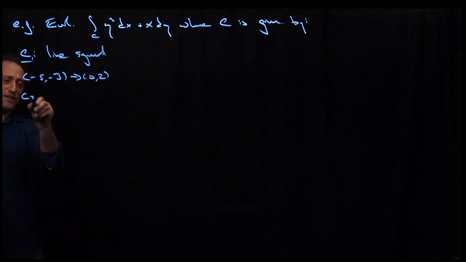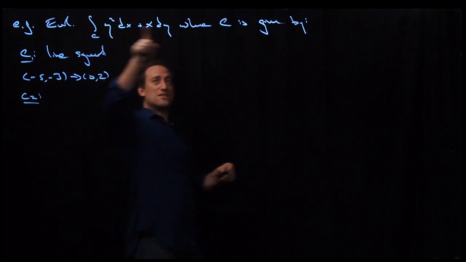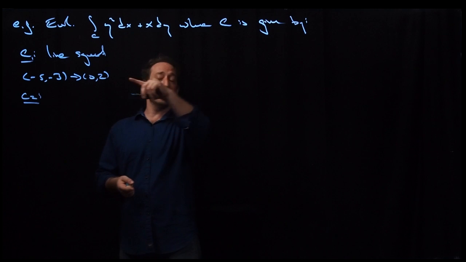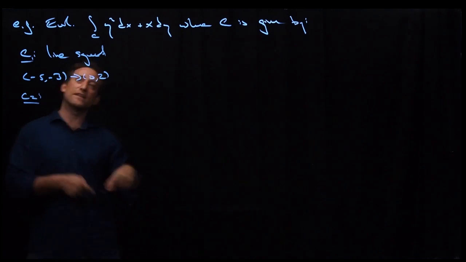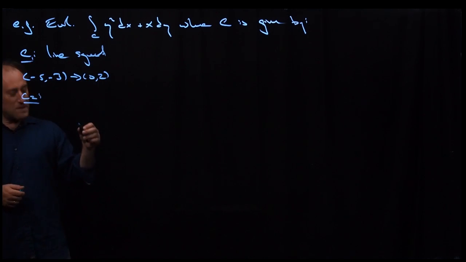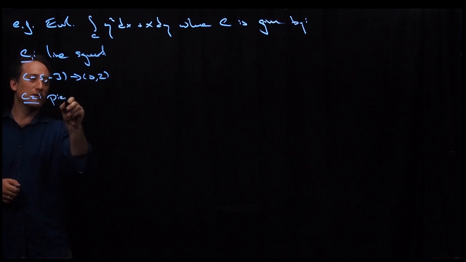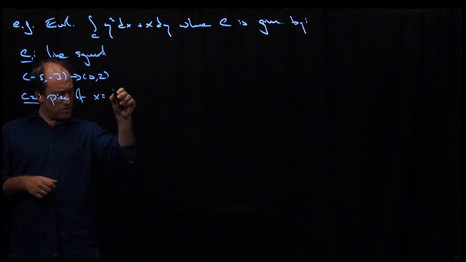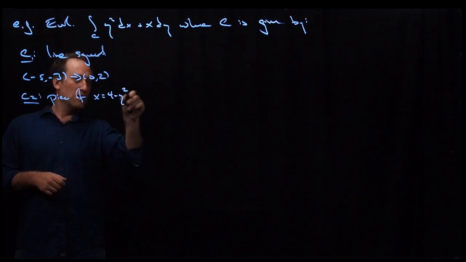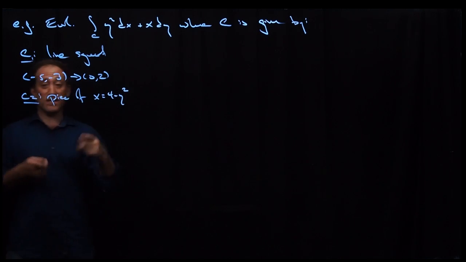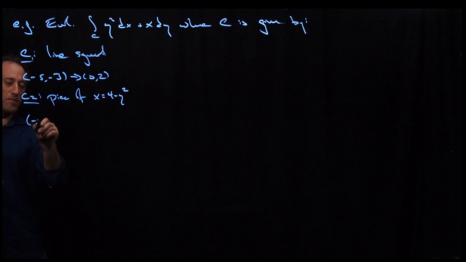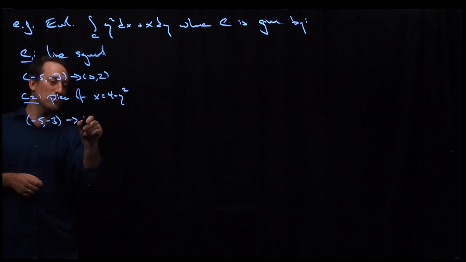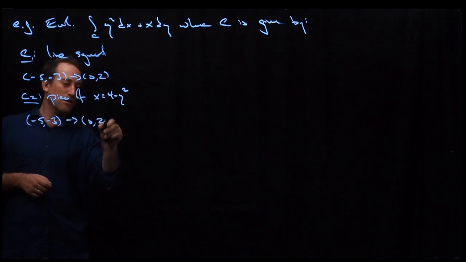And then I want to evaluate the same integrand, y squared dx plus x dy, but I want to integrate it over a different curve, C2. C2 is going to be a piece of the parabola, x is equal to 4 minus y squared. And here again, I want to go from the point (-5, -3) to the point (0, 2).